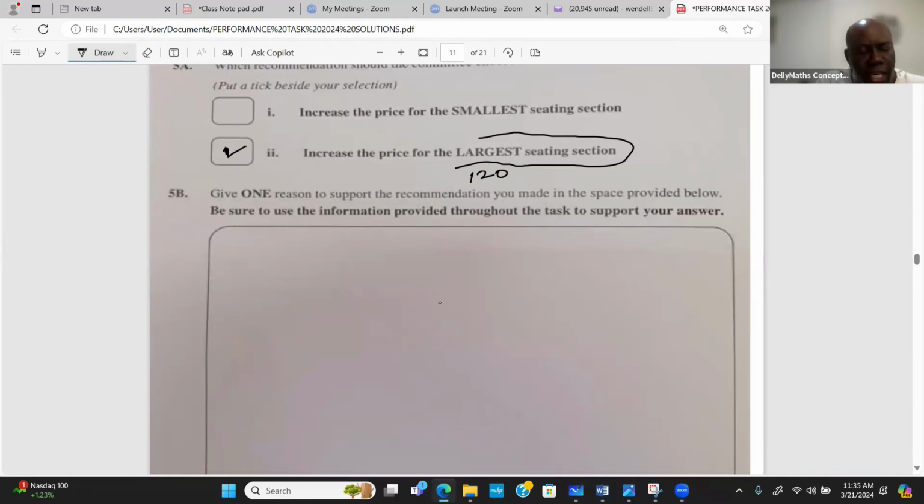If I probably bring the ticket price up to 585, you could just try the numbers that will work for you. That will end up giving you like $4,000.